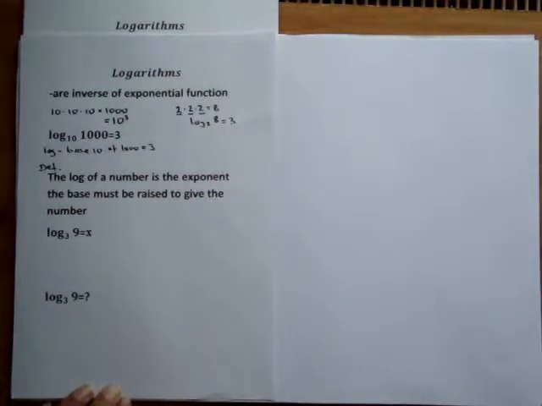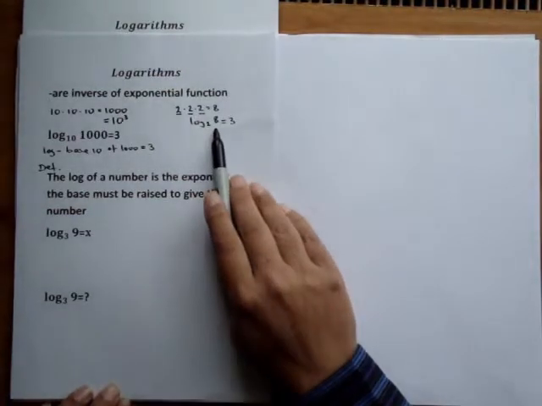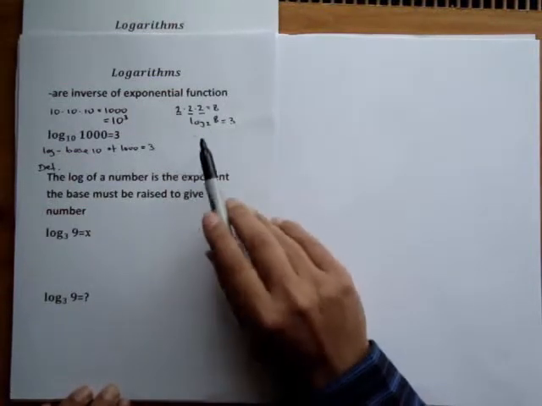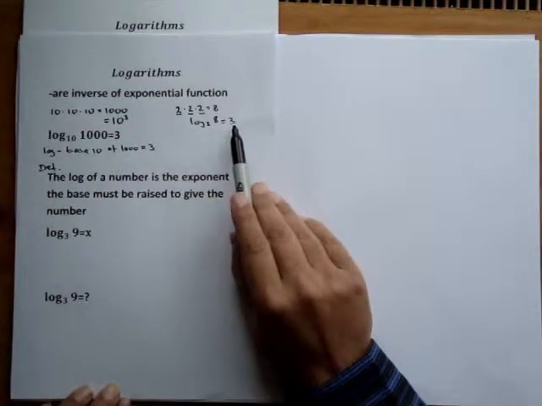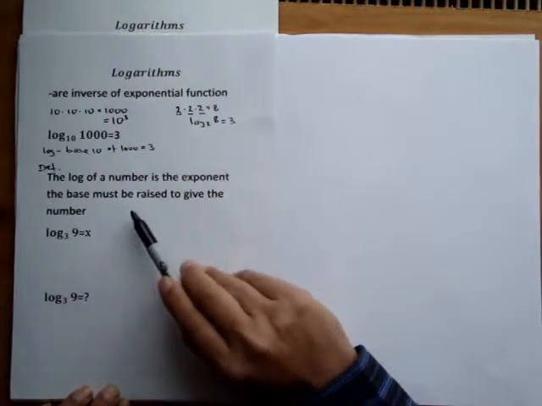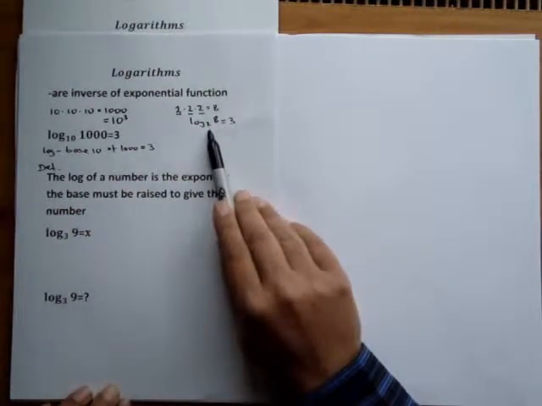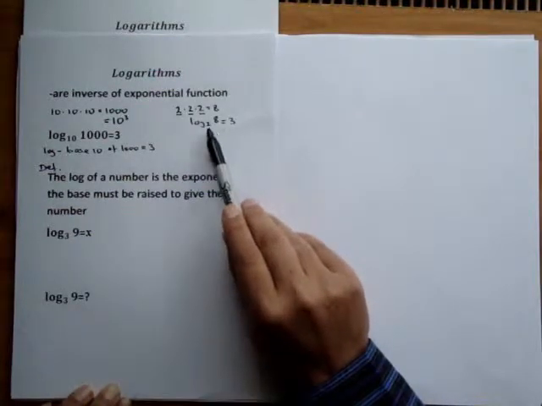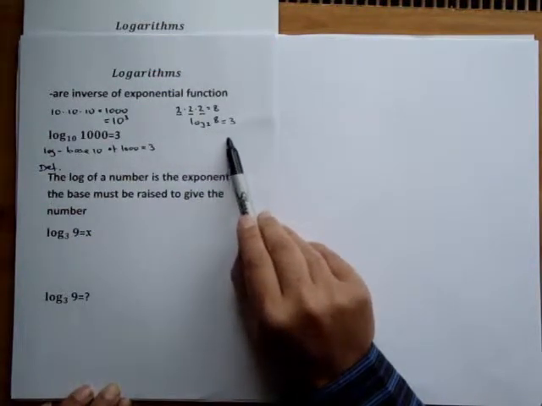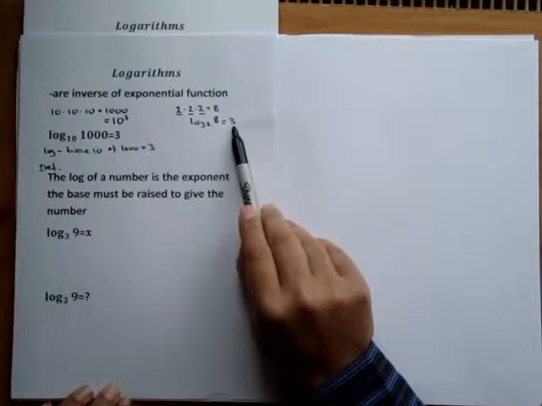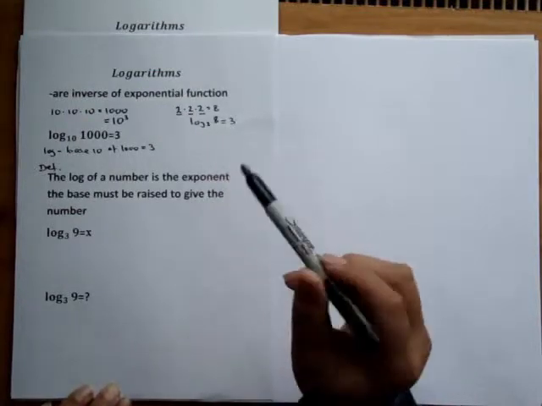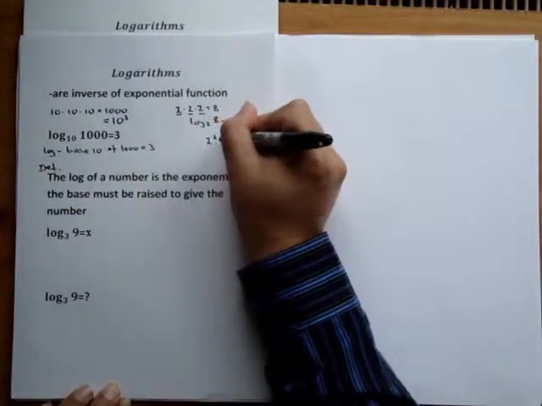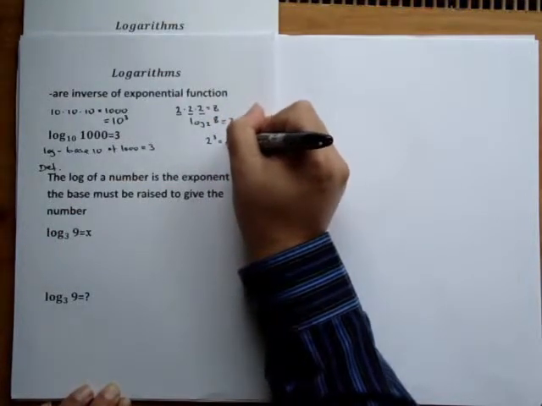So the log of a number is the exponent, so that's 3, the base must be raised to, the base is 2, to give that number. So 2 to the power 3 equals 8.